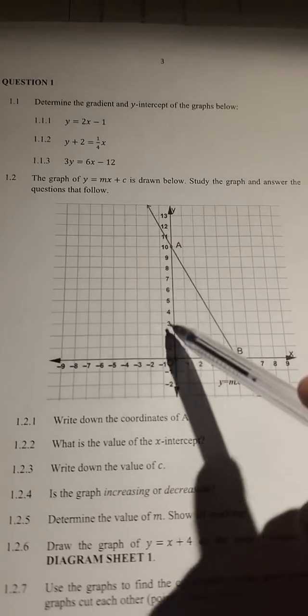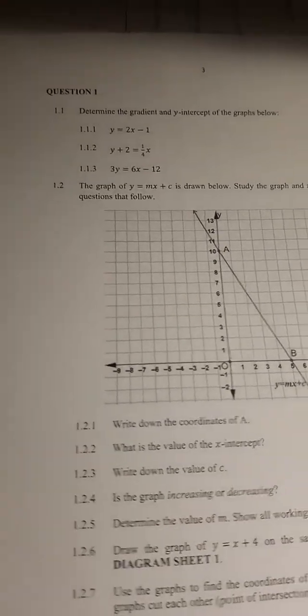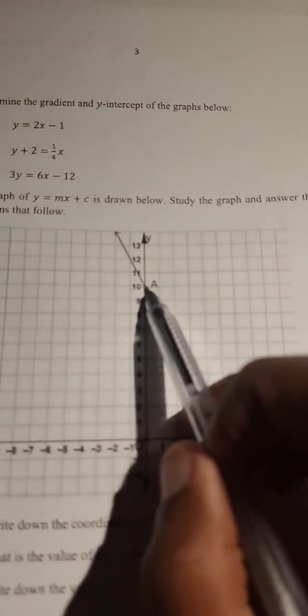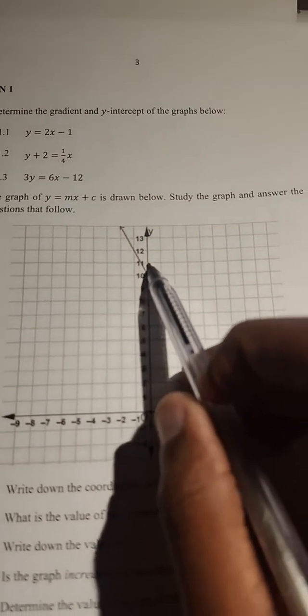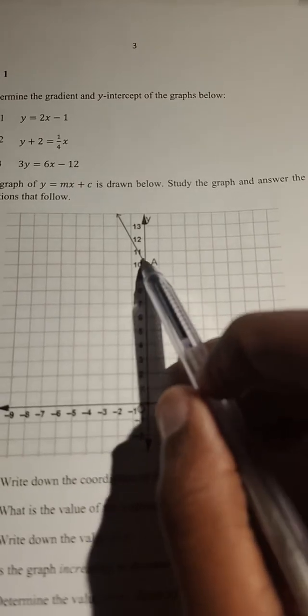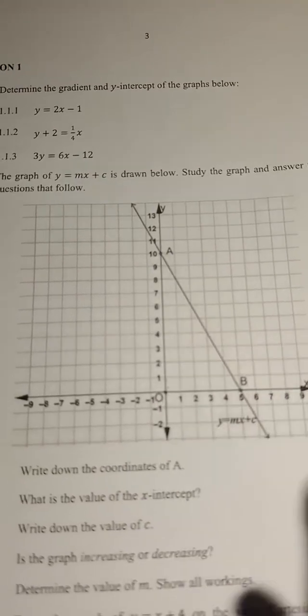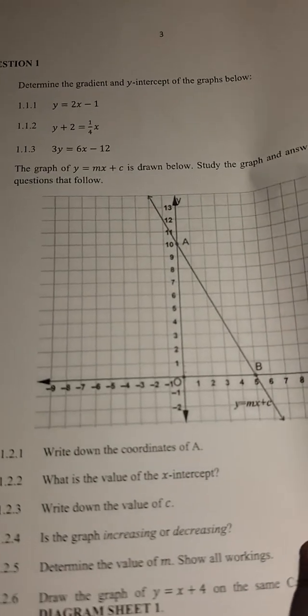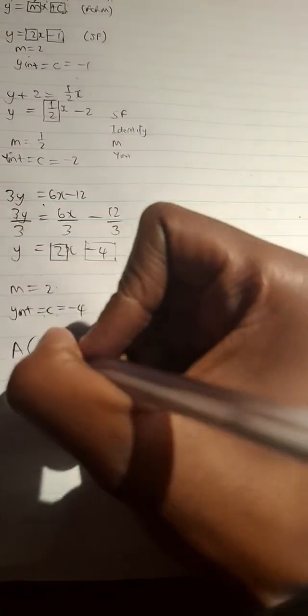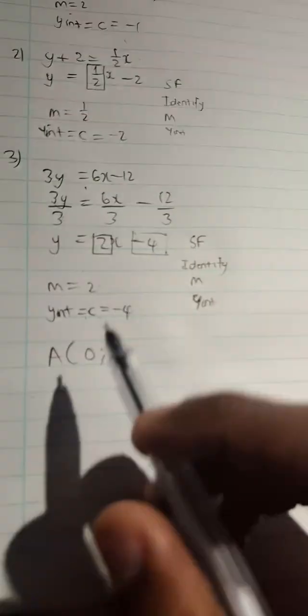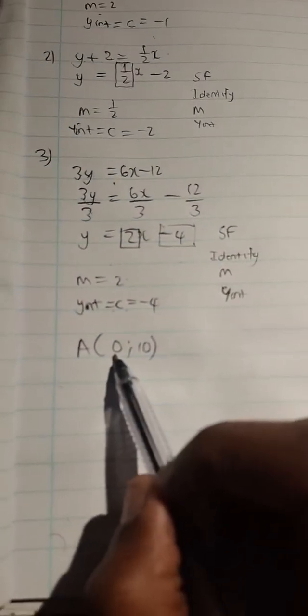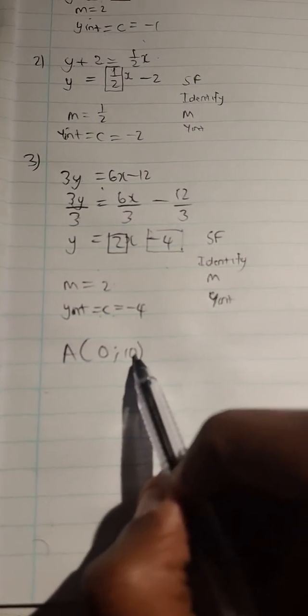So the x value is going to be 0, but the y value at this very same point is going to be 10. So the coordinates for A will be x is equal to 0, y is equal to 10. Very good.